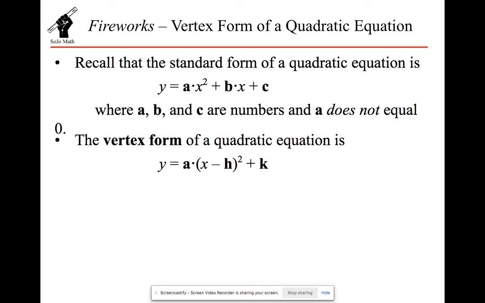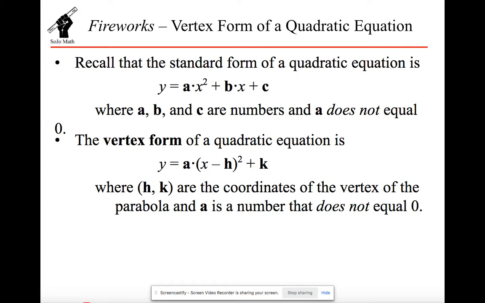This is very similar to slope-intercept form when we're looking at linear equations. h and k are the coordinates of the vertex, and if you remember, the vertex is the minimum or maximum in our parabola. Regardless of what form of quadratic equation you're looking at, a can never equal 0.